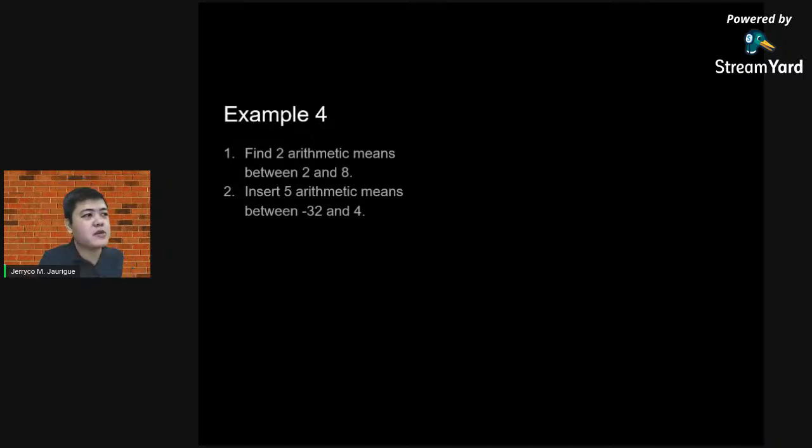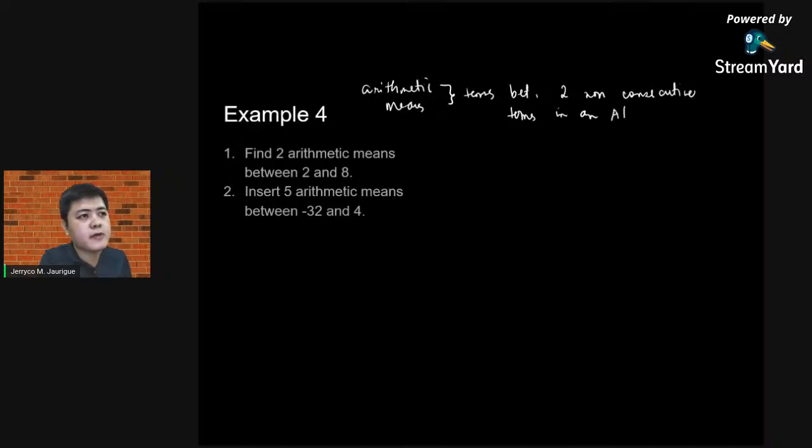So, arithmetic means, can we use AM? Huwag na lang, baka may ibang AM tayo na paggamitan eh. Arithmetic means, these are terms between two non-consecutive terms in an AP. Okay, AP is arithmetic progression.